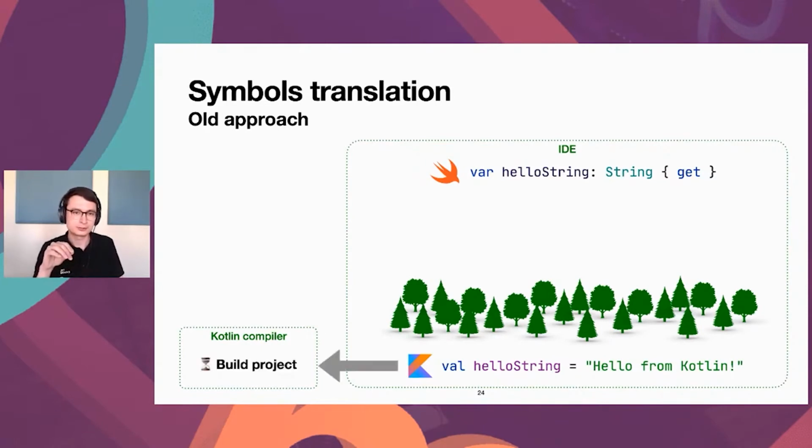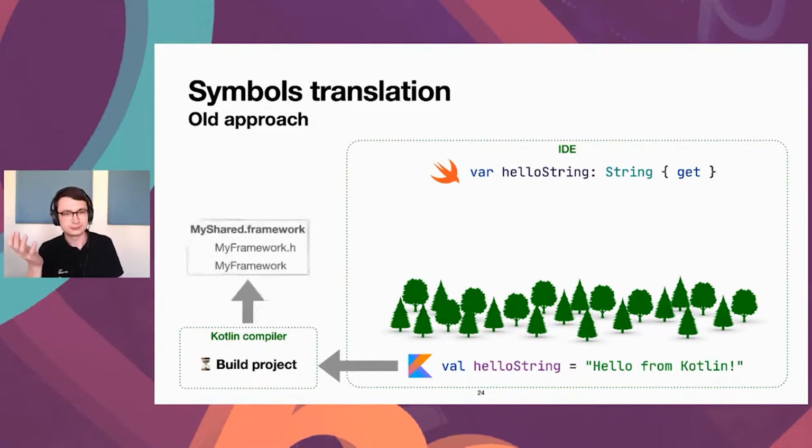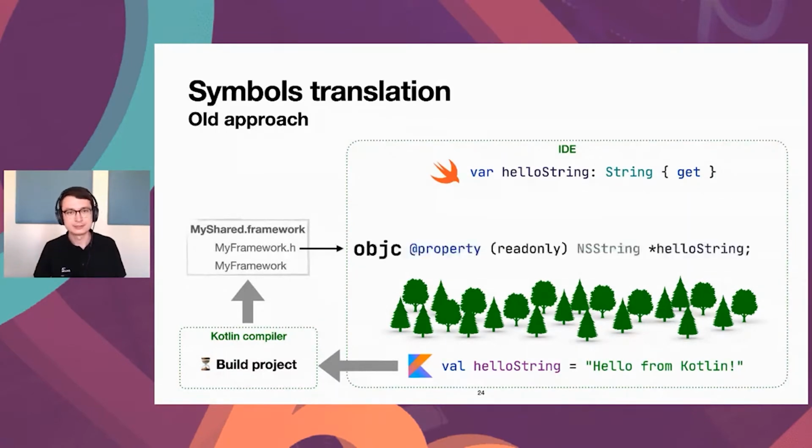So you go to the Kotlin compiler and ask it to build the project. Then the Kotlin compiler generates the Kotlin framework, this shared framework. It's a binary Objective-C framework plus the Objective-C header. And we read this header, parse it, and create Objective-C symbols. And then we translate these Objective-C symbols into Swift symbols.